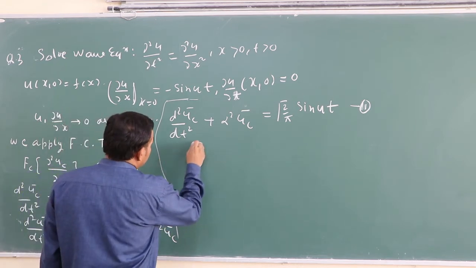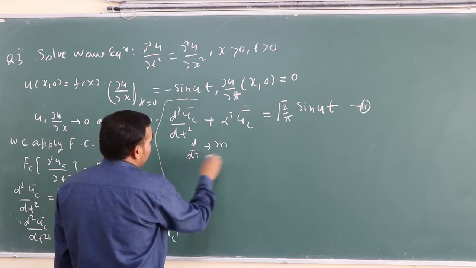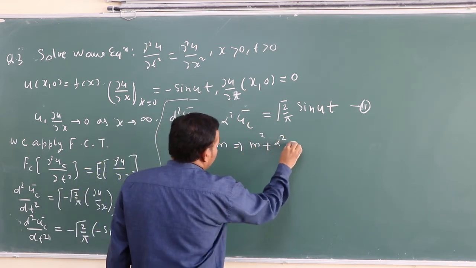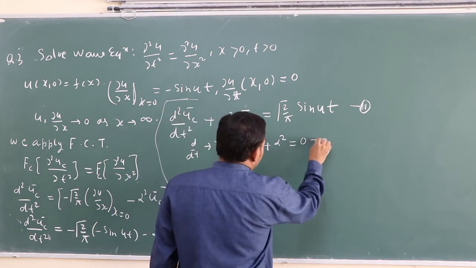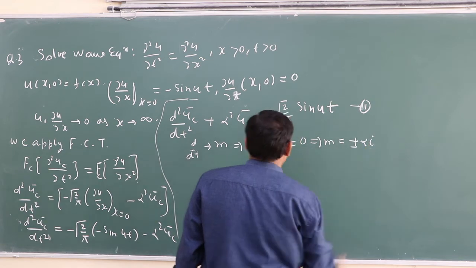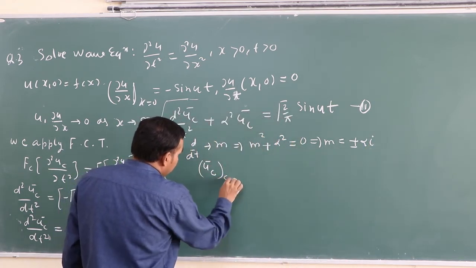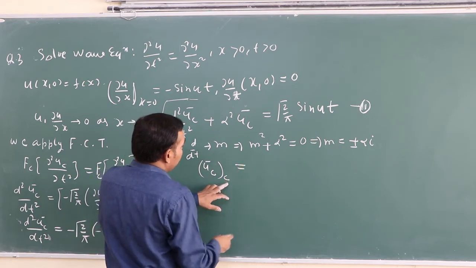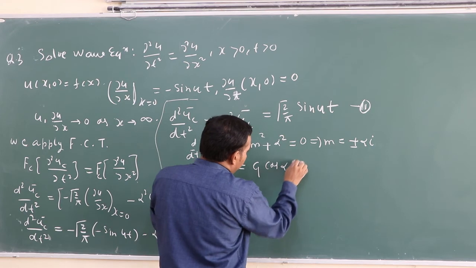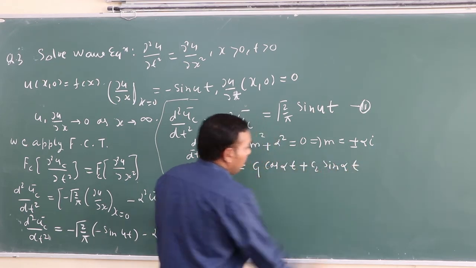Let d upon dt be m, so m square plus alpha square equal to 0, which implies m equal to plus minus alpha i. So the complementary function is c1 cos alpha t plus c2 sin alpha t.